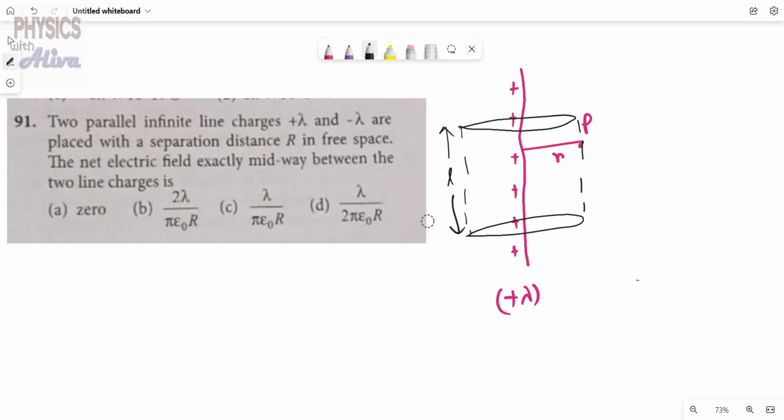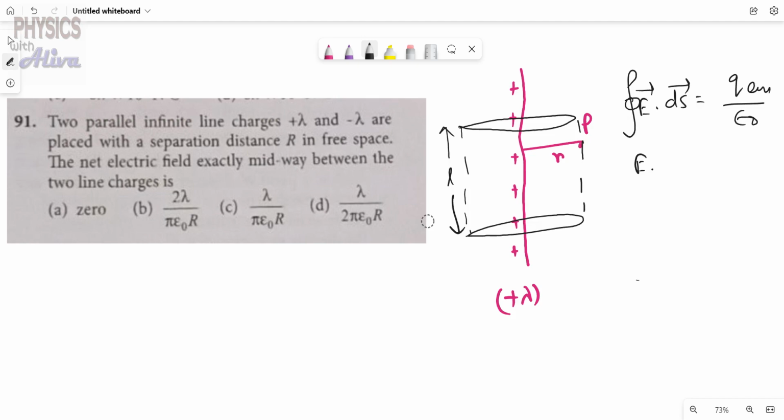From Gauss's theorem we know the closed surface integral of E dot ds is equal to q enclosed by epsilon naught, right? So here we will calculate E dot ds. Ds means the area vector.